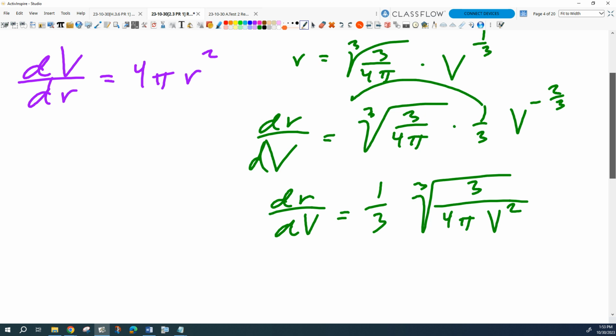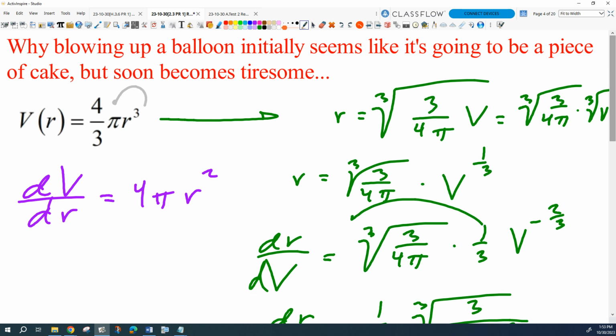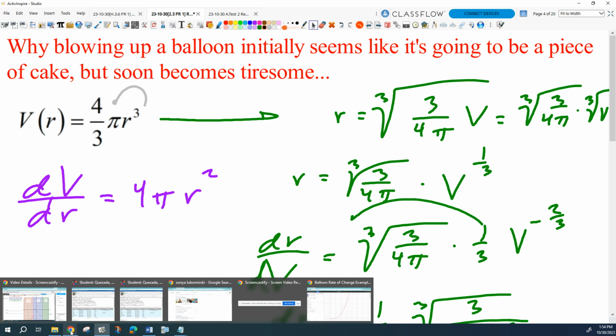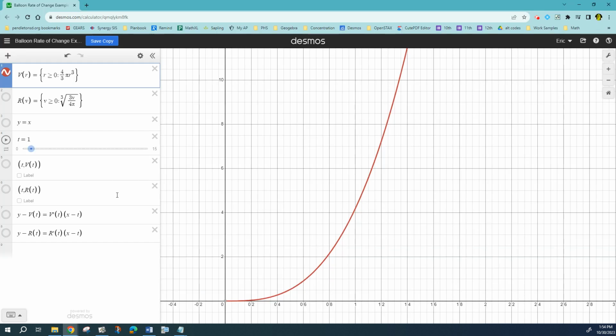All right, so now what happens if we look at this graph? The derivative graph really makes this clear why blowing up a balloon is so frustrating after a while. If I graph radius as a function of volume, well, that's my graph.